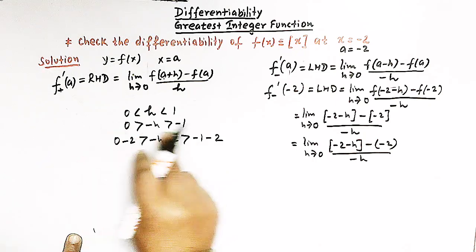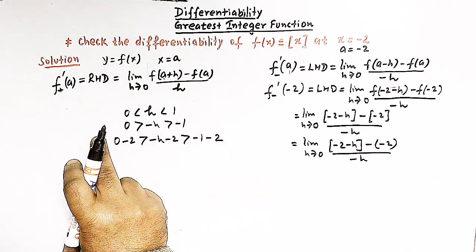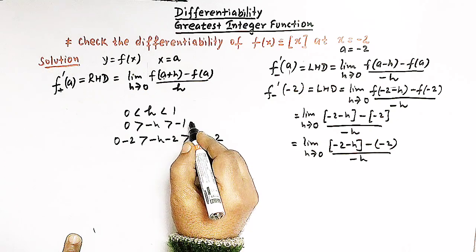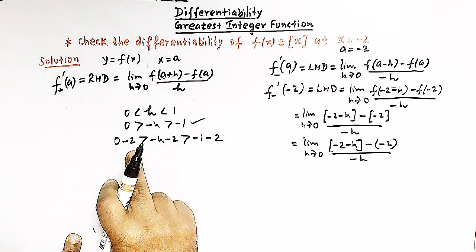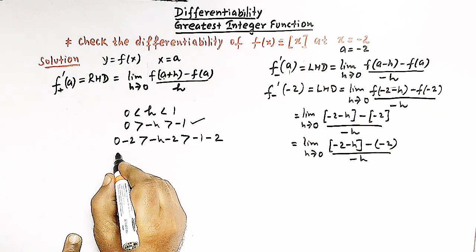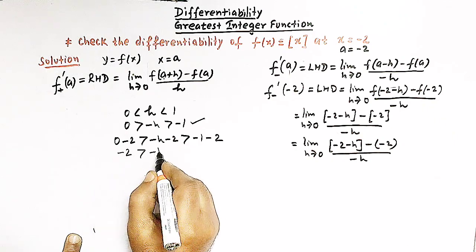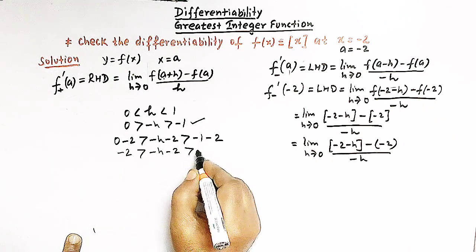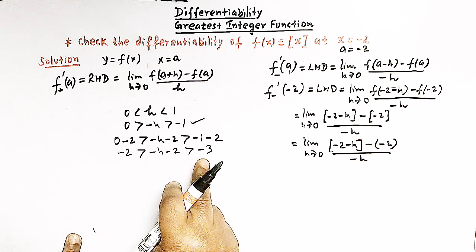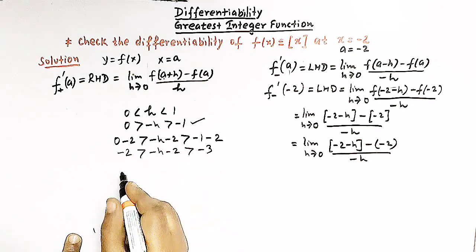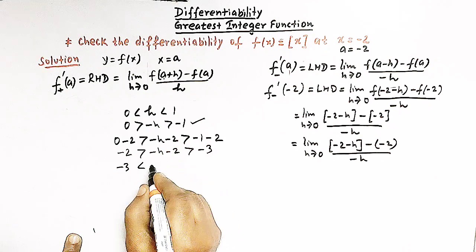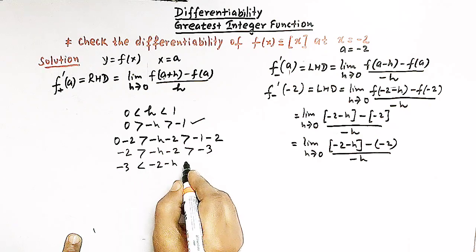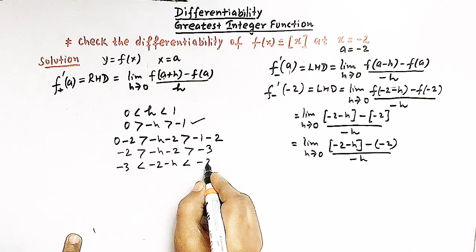And now adding minus 2 throughout this inequality, we have minus 2, then we have minus h minus 2, and here we have minus 3. So we can now write this inequality as minus 3 is less than minus 2 minus h, which is less than minus 2.